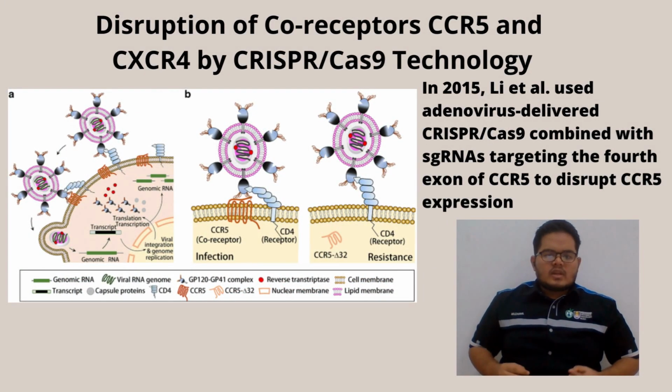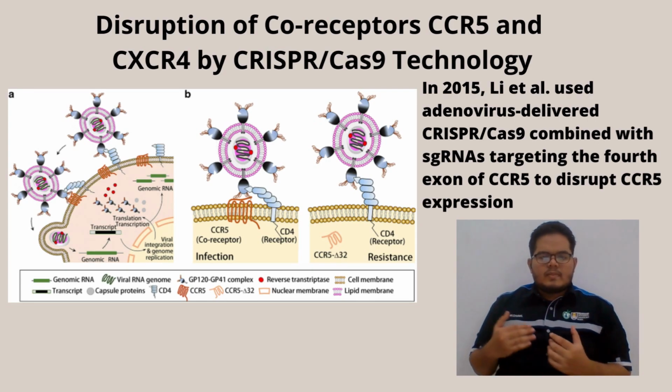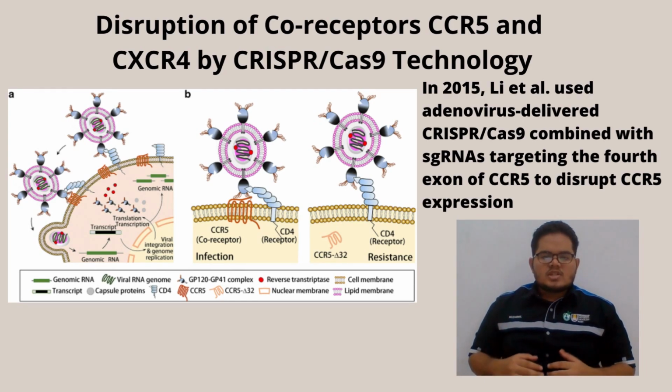In addition, for targeting the HIV-1 genome, CRISPR-Cas9 technology can also be used to block HIV entry by editing of the co-receptor. HIV enters the host cell through binding to the CD4 receptor and CCR5. As CD4 is critical for the function of the immune system, disruption of CD4 is not an advisable strategy in preventing HIV infection.